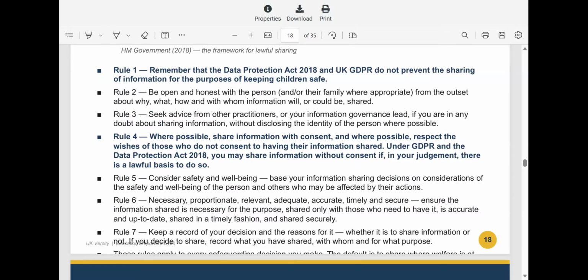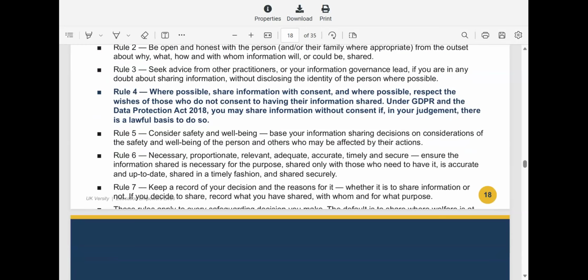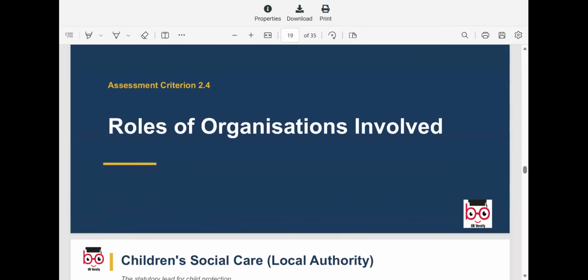Rule 4 is, where possible, share information with consent. Rule 5, consider safety and well-being: base your information sharing decisions on considerations of safety and well-being. Rule 6, necessary, proportionate and relevant. And Rule 7 is keep a record of your decision. It's really, really important to keep records of everything.